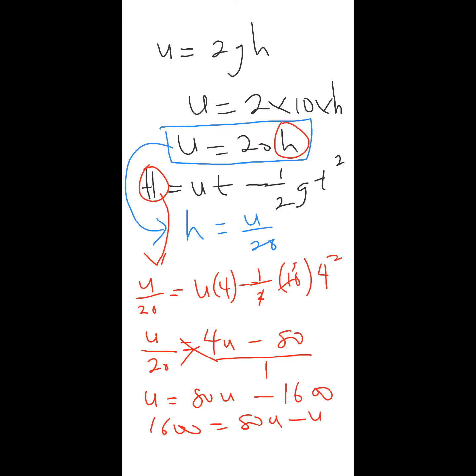Definitely, you know you'll be given a calculator, so there's nothing to worry about. 1,600 divided by 79 is approximately 20.25. So 1,600 is equal to 79u. If you divide both sides by 79, this one will cancel this. So your initial velocity u is equal to 20.25.